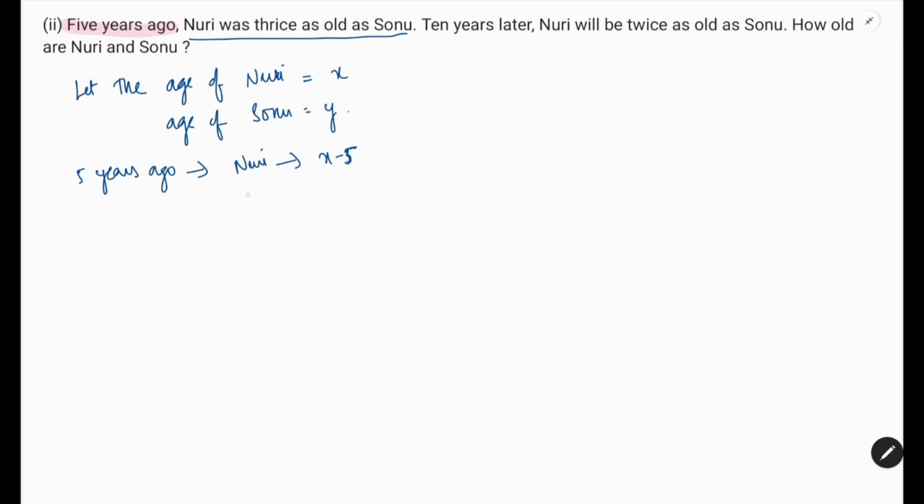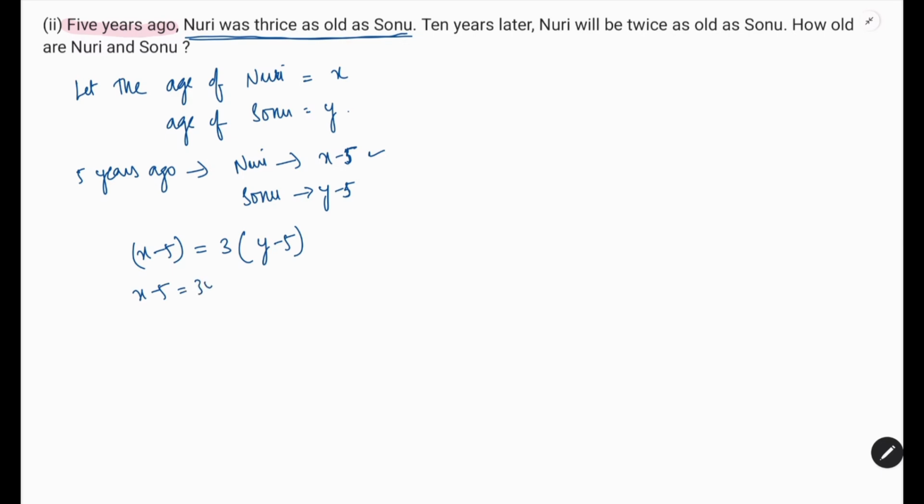And 5 years ago, the age of Sonu will also be y minus 5. So Noori's age equals 3 times Sonu's age, equal to 3 into y minus 5. Let us solve this.